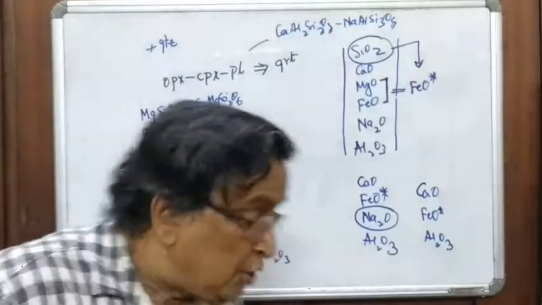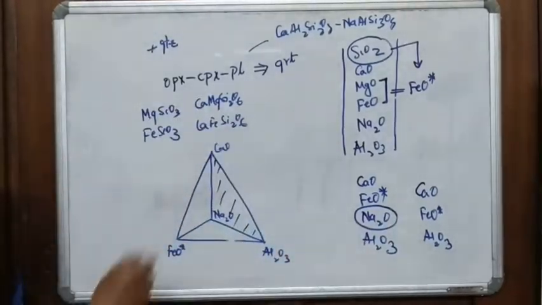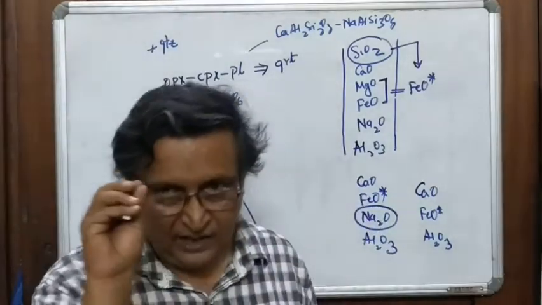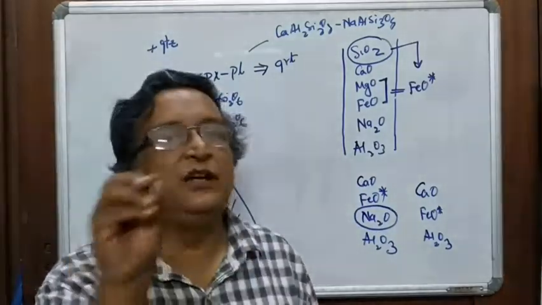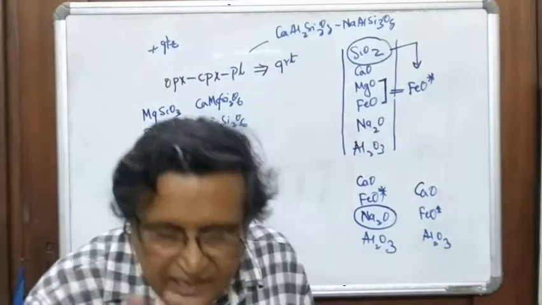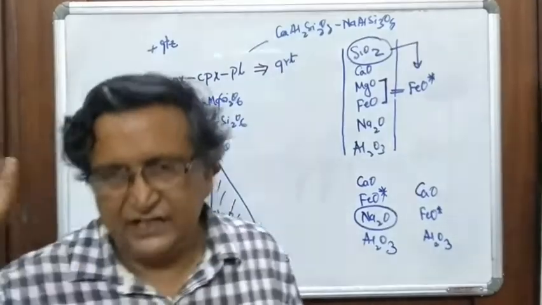Have you understood? So if we are neglecting Na2O, then we are only taking the anorthite content of the plagioclase molecule. We are not considering the albite component of the plagioclase. Essentially, that is what is happening.